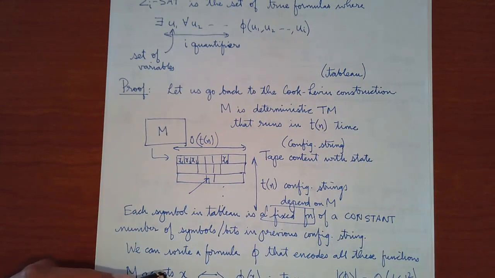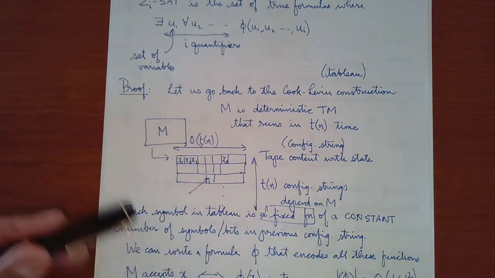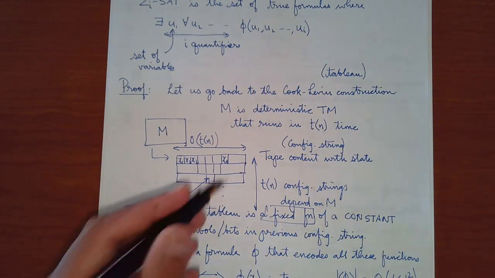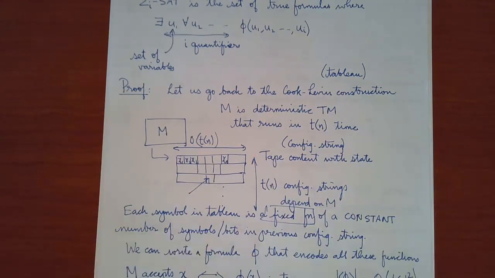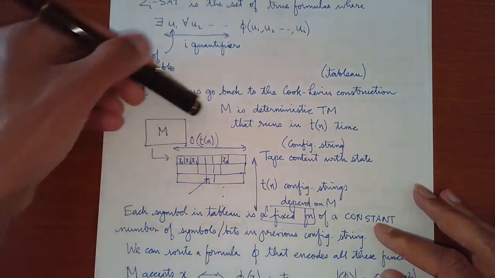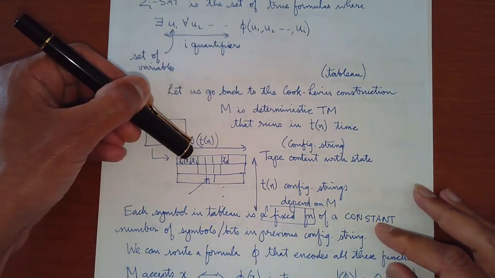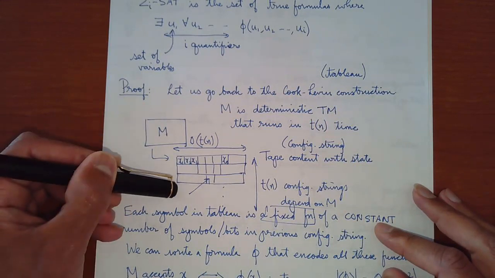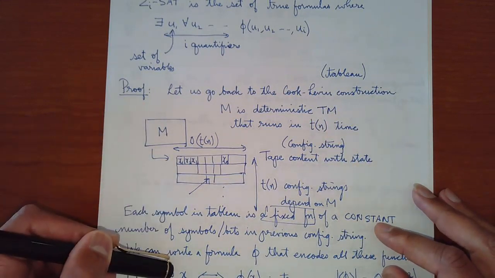What this suggests is instead of trying to build a formula, because the problem with the formula is you need to choose what the tableau is, why not build a circuit? Suppose we built a circuit where the inputs were exactly x1 to xn. So you feed those as inputs. And those inputs will determine what happens in the next, which determines what happens in the next, and so on and so forth.